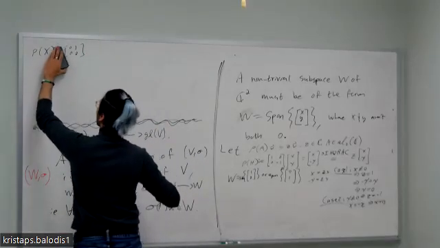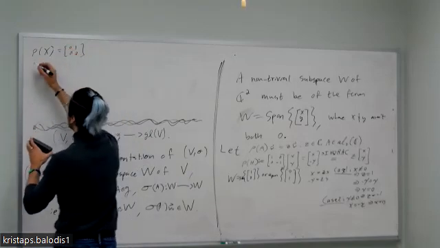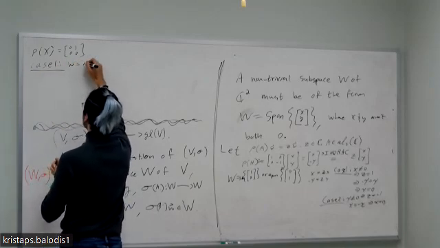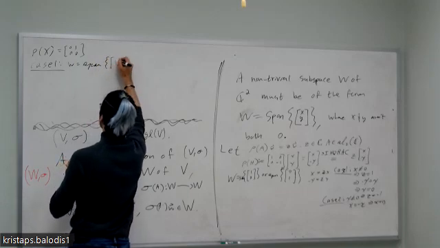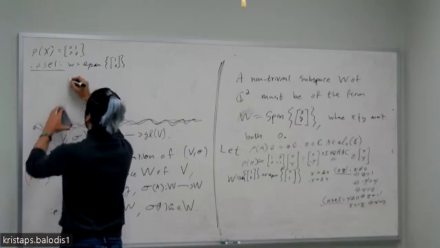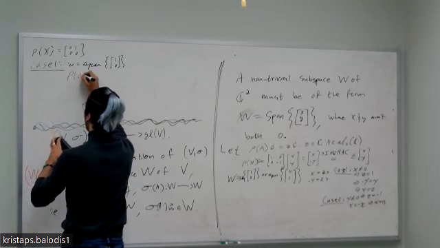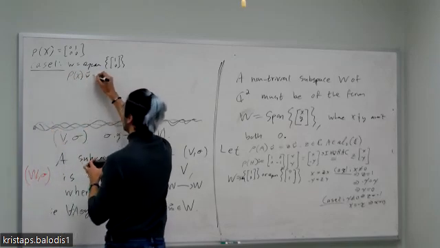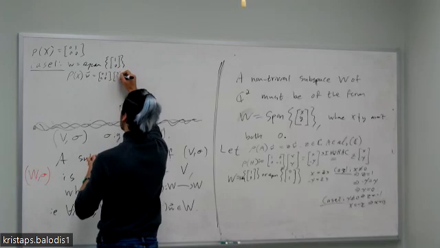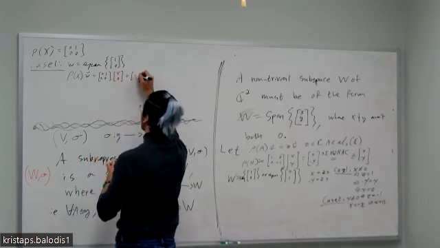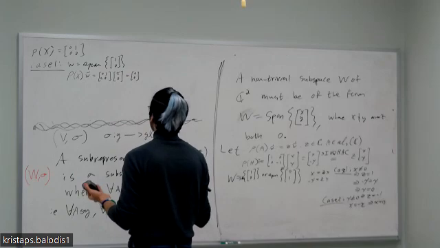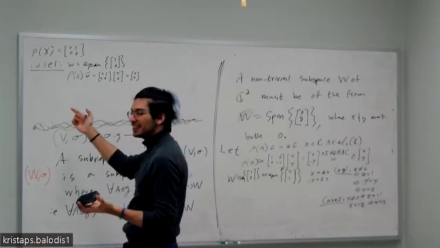So case one: W equals the span of (1,0). Then rho of X applied to W would be (0,1; 0,0) applied to (X,0), which is fine, because that's fine.